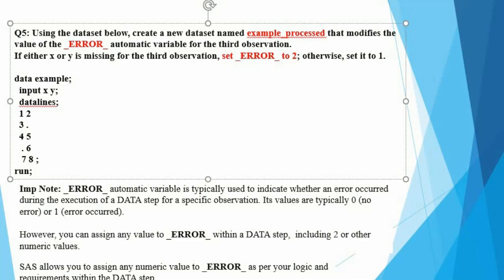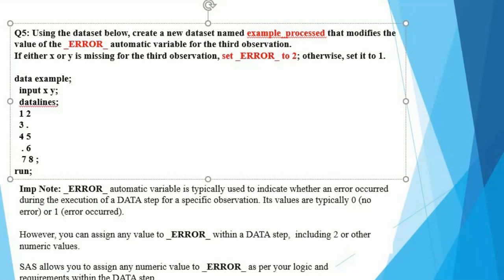But as we know, _error_ is a binary variable, it always represents the value 0 or 1. So basically through this question, the interviewer is trying to test the candidate's knowledge of SAS concepts, whether the candidate can modify the value of the _error_ automatic variable in a SAS data set based on a specific condition.